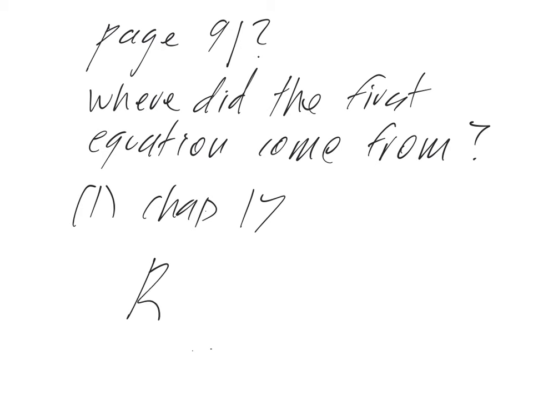It says that assuming no excess reserves, the total level of required reserves will be equal to RD times D. And RD is the required percent of deposits that have to be held as required reserves.